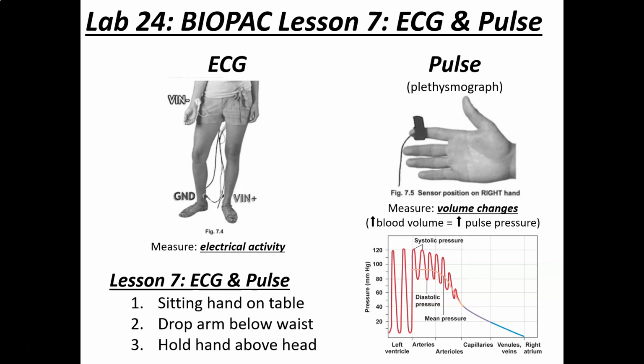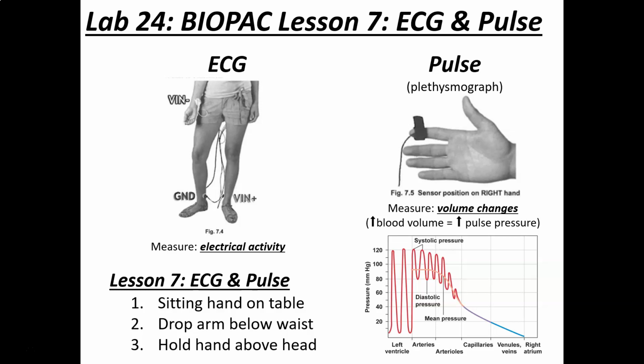pressure wave. When we took pulses the first week of school, the radial pulse, and measured heart rate, you can do it at the carotid pulse as well, then we're measuring that pressure wave. The pressure wave should be a good indication of the heartbeat, and we can use that to measure pulse. We know that is true because we clinically often measure pulse rates at the radial pulse, right?